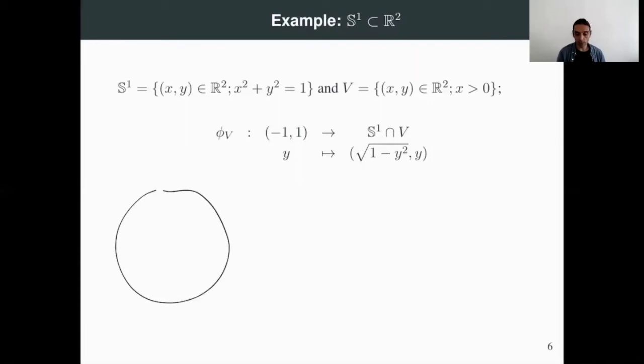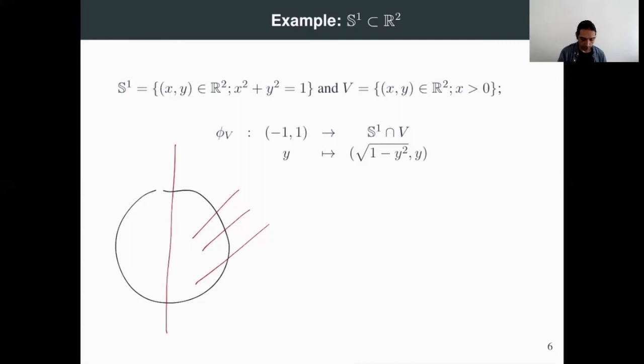If we consider the circle and the points whose first coordinate is positive, the height of the point, the second coordinate, parameterizes the point.